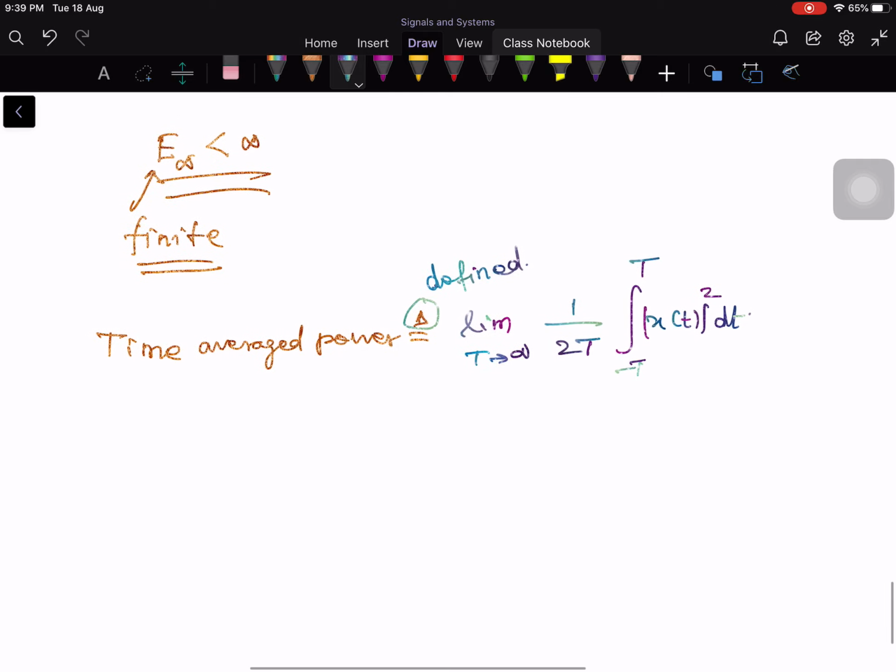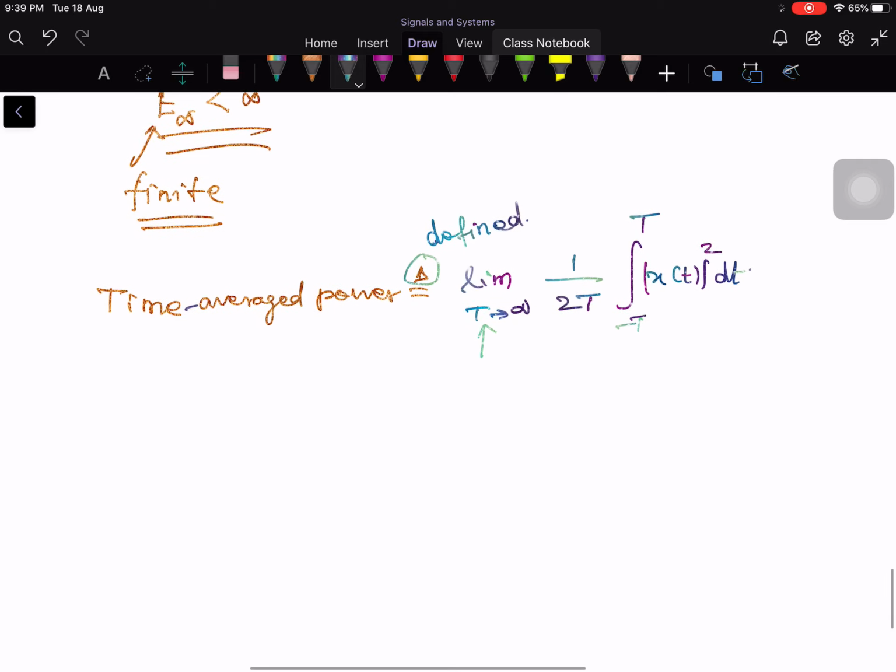So this is the time averaged power over the infinite interval, because I am letting T go to infinity. Therefore this indicates time averaged power over an infinite interval, and this power is denoted by P suffix infinity.